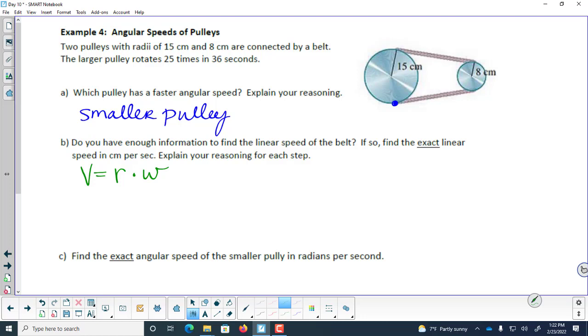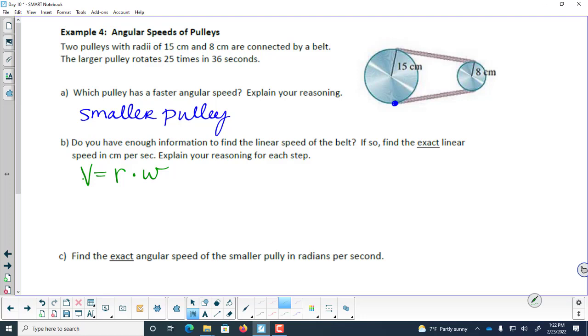In words, V is linear speed or linear velocity, equals, what does R stand for? Radius. What does omega stand for? Angular speed.